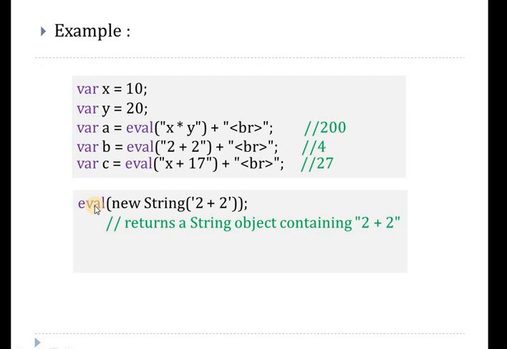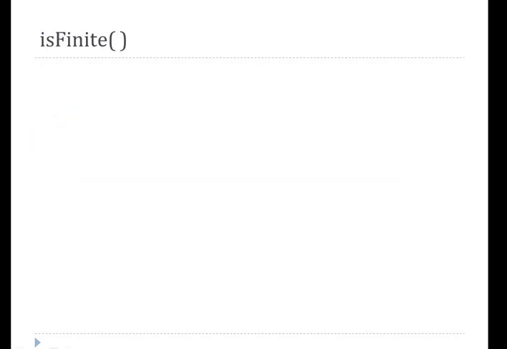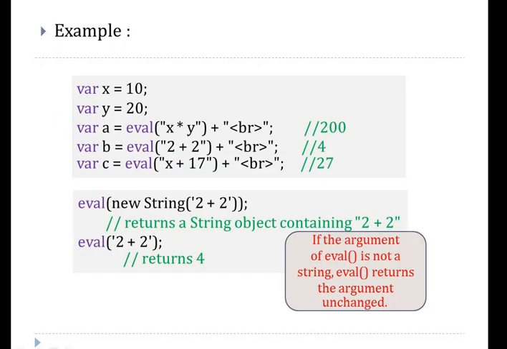Now, this eval function has such a protocol that it will evaluate whenever you pass a string, but not a string object. That's why it will return a string object containing 2 plus 2 in double quote. It is not itself a string, but this is what it will return to you.